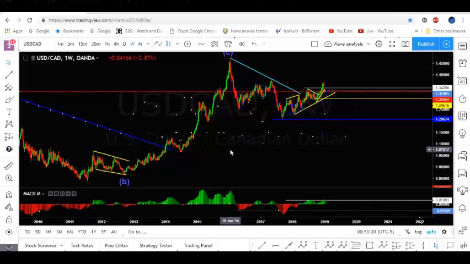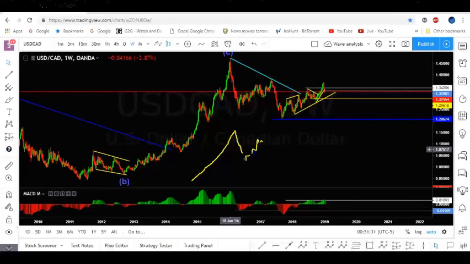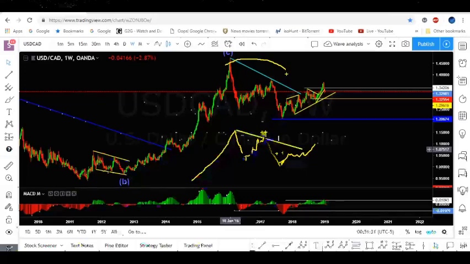Also, guys, you will notice that sometimes you will get a correction like this. Let's say this is the impulse move, then you will get 1, 2, 3. And then you will come back up here, just like here on top. You will go 1, 2, 3. And then this becomes one piece.